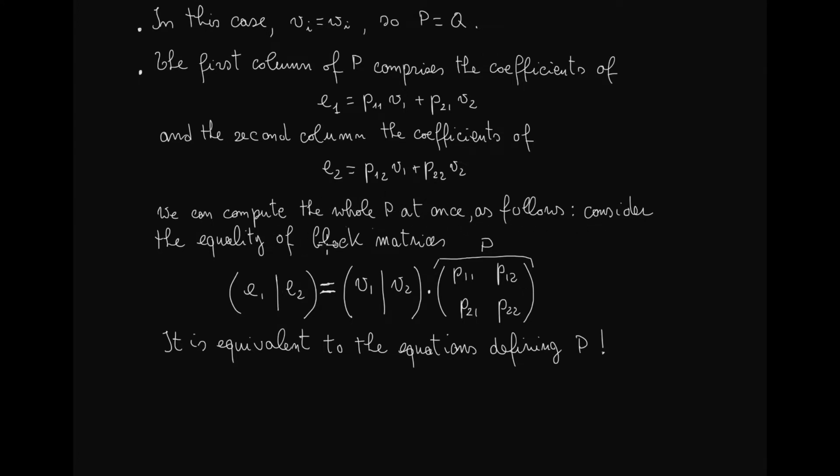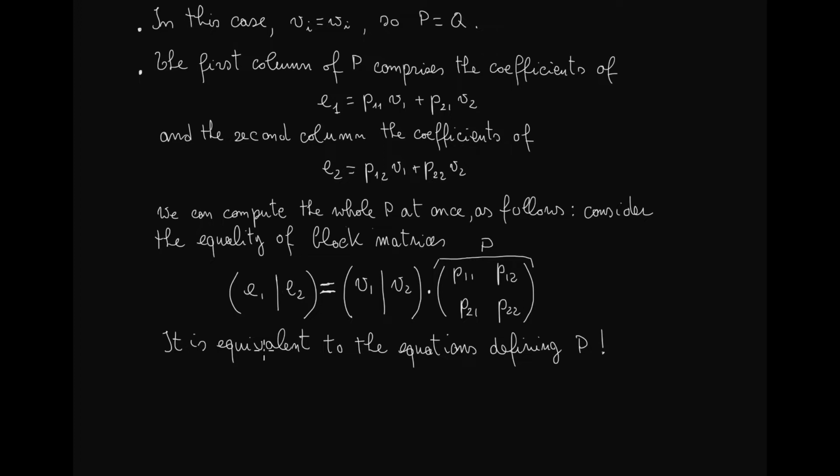Consider the equality of the block matrices. We have on the left-hand side E1, the vector 1, 0, and on the right-hand side 0, 1. And this equals the block matrix with the columns V1 and V2 multiplied on the right-hand side by the matrix P.